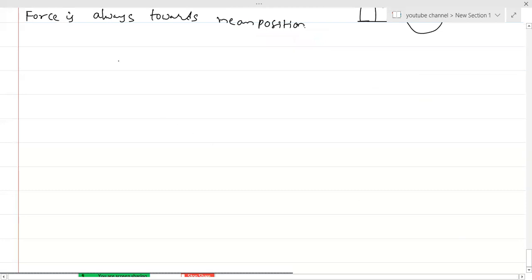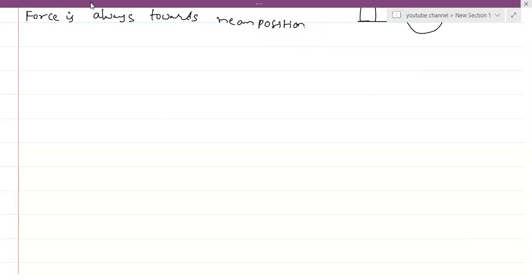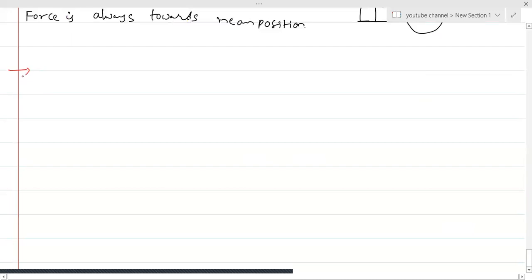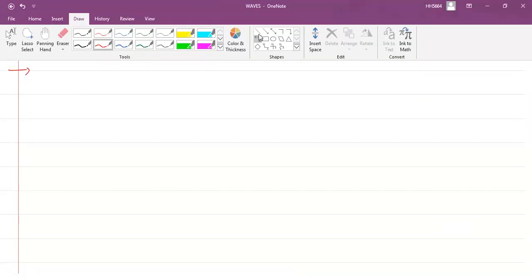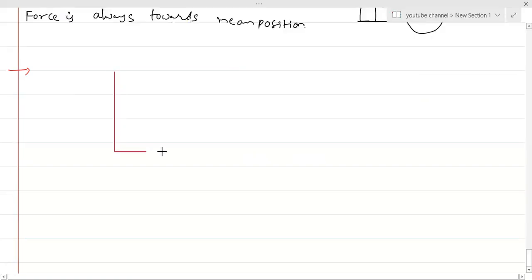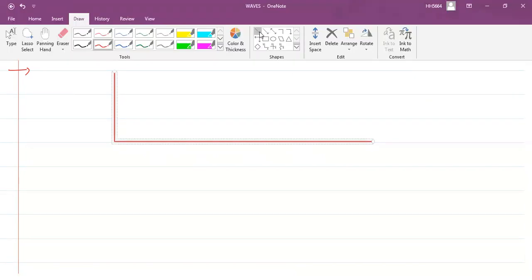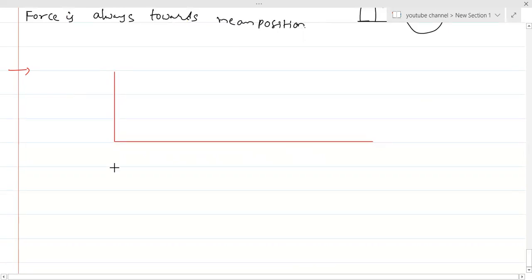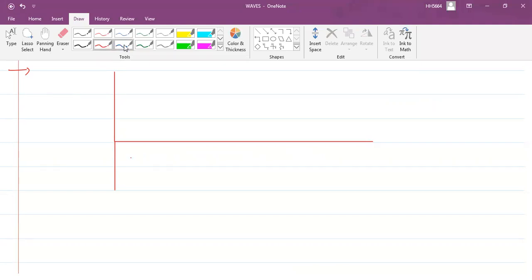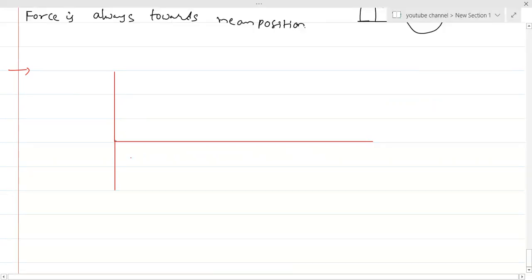So we will take one example of this. For example, we have a graph which represents the wave.